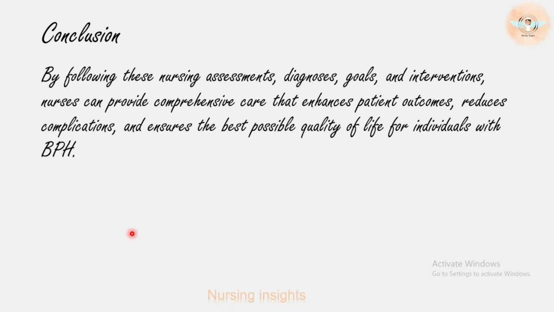Finally, we have seen the nursing management, including nursing assessment, diagnosis, goals, and interventions. So we are confident that nurses can provide comprehensive care that enhances patient outcomes, reduces complications, and ensures the best possible quality of life for individuals with BPH.